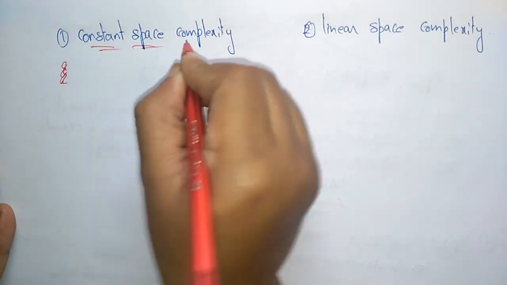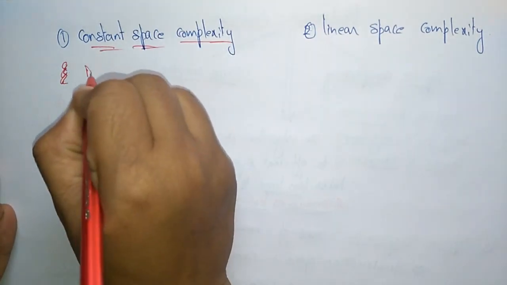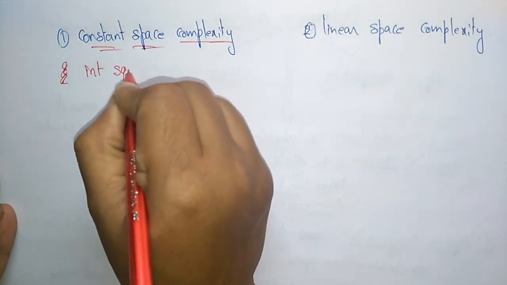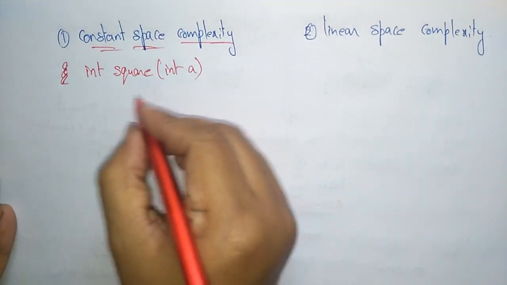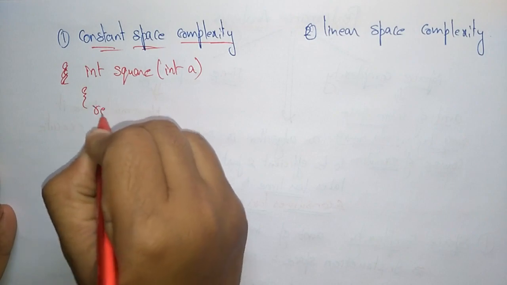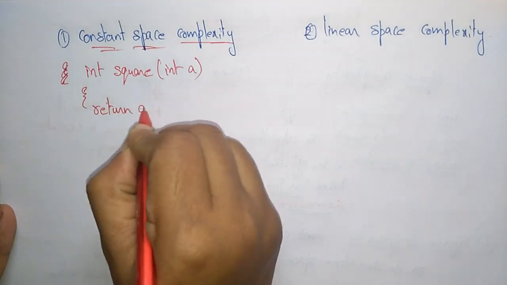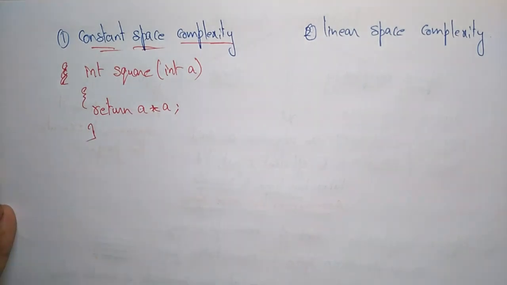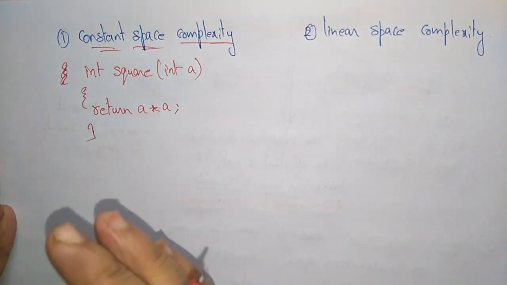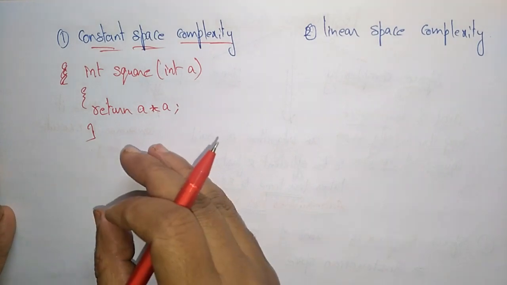Constant space complexity: suppose int square, the variable or data item is int a, and return a star a, that is a * a. This is a simple program. It occupies only constant space complexity.